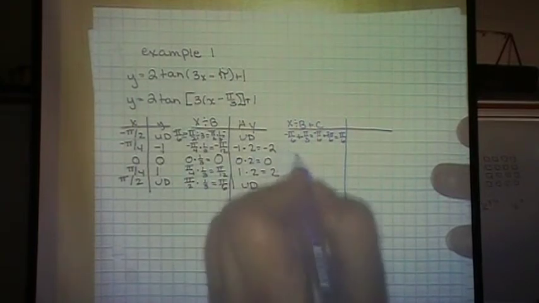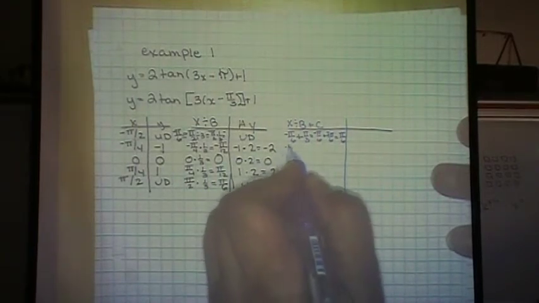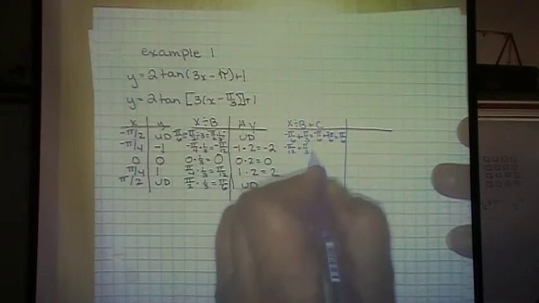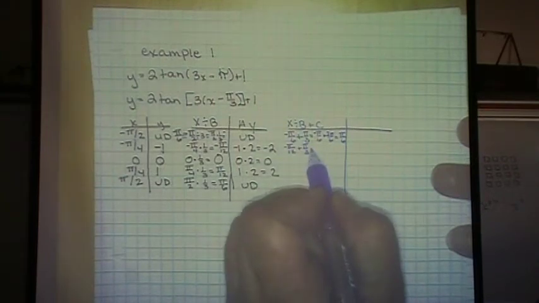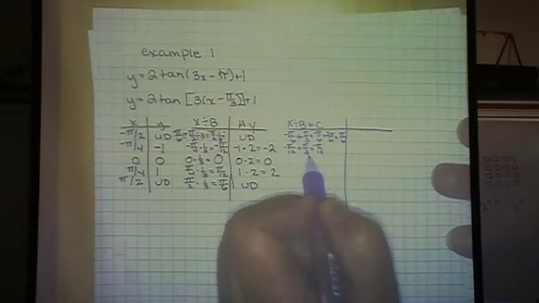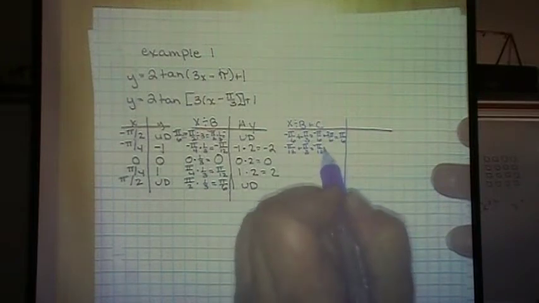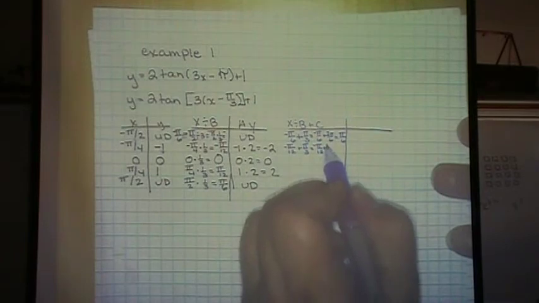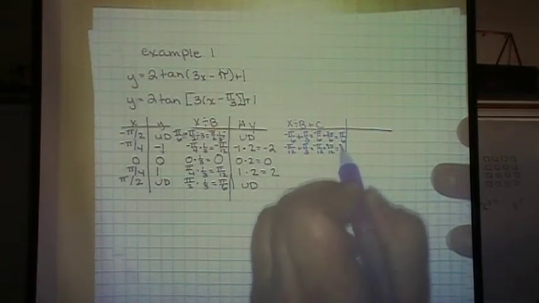Next one, negative pi over 12 plus pi over 3 equals, common denominator is going to be 12. So I'm going to change the 3 to a denominator of 12 by multiplying by 4, I'm sorry. Combine like terms and I get 3 pi over 12.